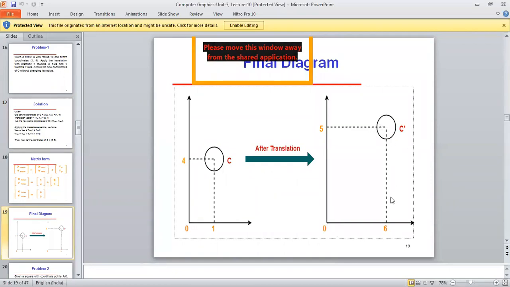This is the initial diagram; you have to draw both diagrams. You have to draw the first diagram with the initial coordinates, and this is the final diagram. After translation, after the movement, you will get this diagram. So this is the way you can easily draw the diagram.